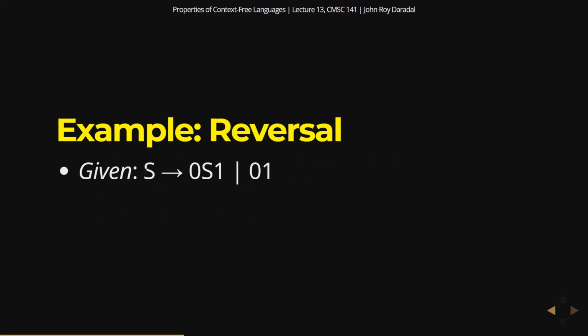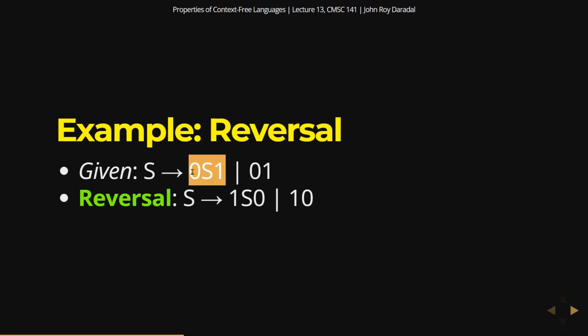Let's say this is your given CFG: S goes to 0S1 or 01. For the reversal of this language, we will just reverse all productions on the right-hand side. So instead of 0S1, it becomes 1S0, and instead of 01, it becomes 10. Since this is a valid CFG, we are sure that the reversal is also a context-free language. Pretty simple, right?